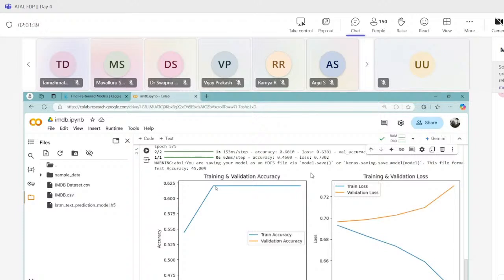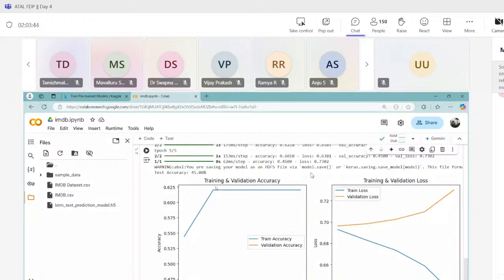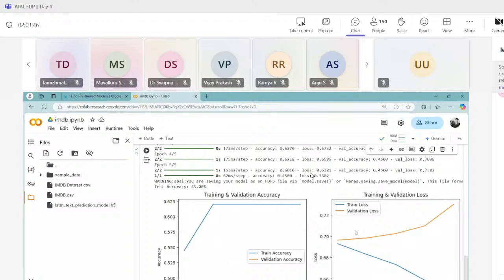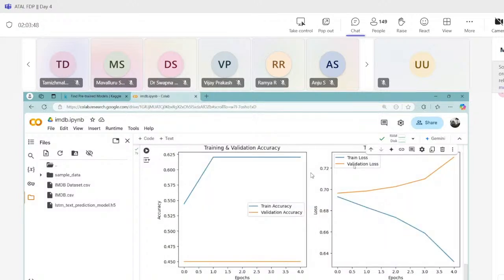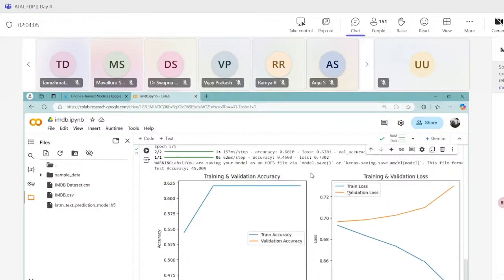Coming to training and validation losses: the same losses I mentioned here are shown over here with the training loss and the validation loss. Validation is called testing. The training loss ends up at its maximum at the 5th iteration, approximately 69 point something. But the testing loss has reached more than 72%.